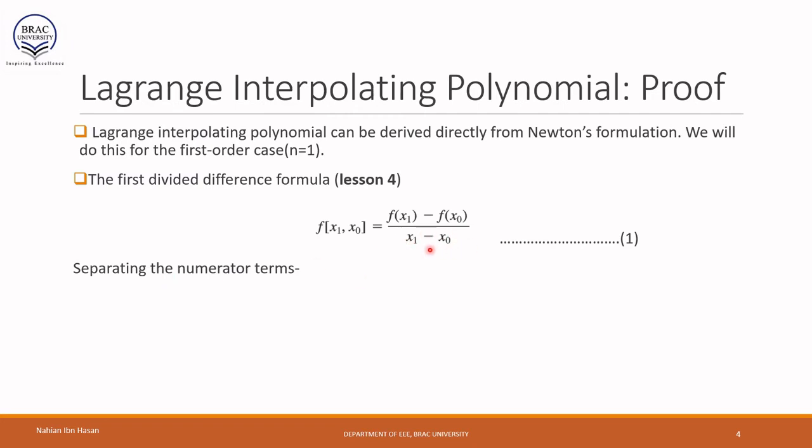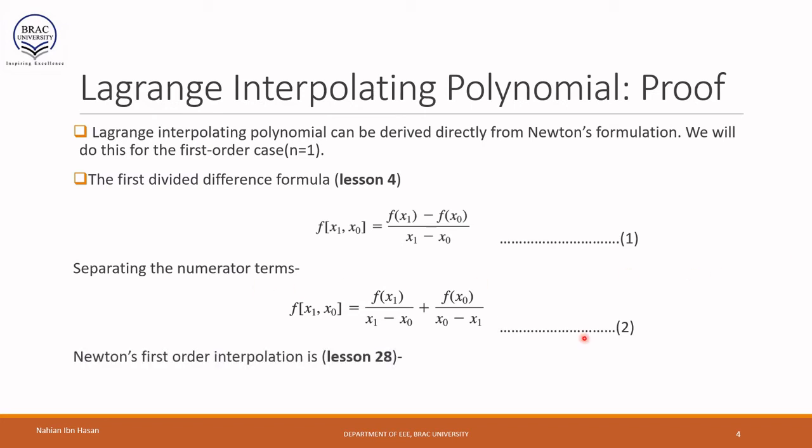Okay, so if we just separate the numerator terms f of x1 and f of x0, we will get an equation something like this, which is f of x1 divided by x1 minus x0 plus f of x0 divided by x0 minus x1. So we have just separated the two terms in the numerator.